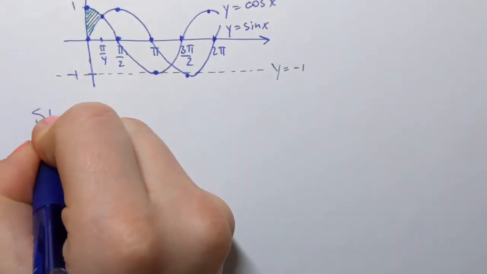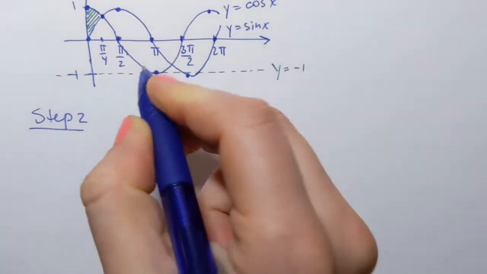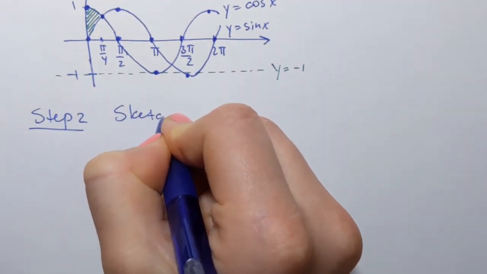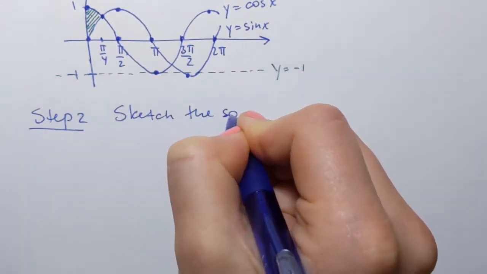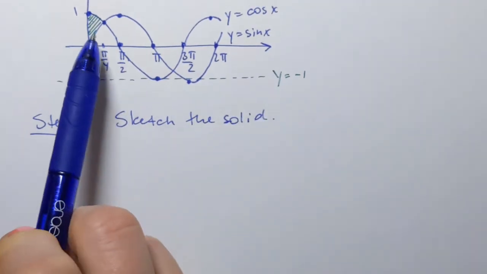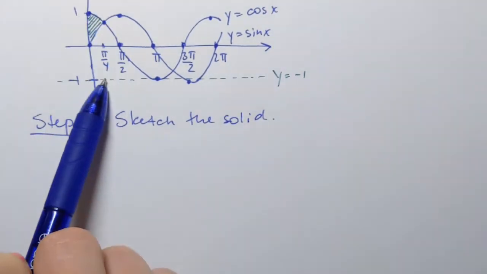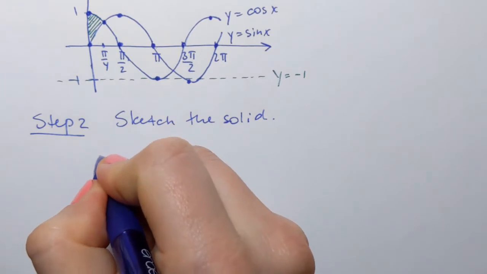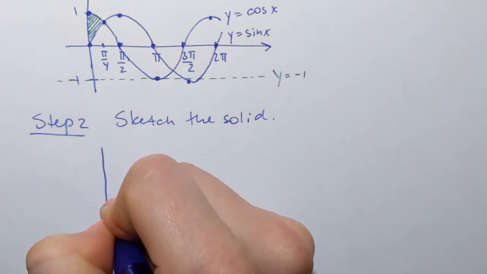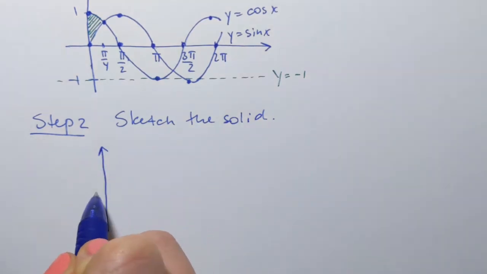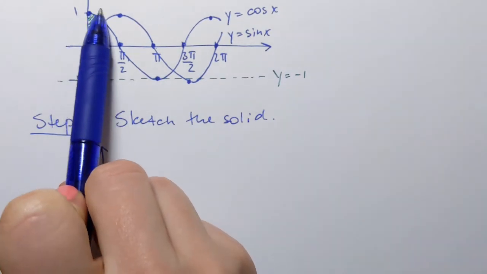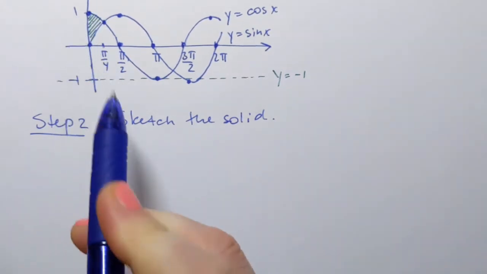Okay, so step 2, sketch the solid. Now, if region is large enough, I can do it right on this graph, but once again, in my case, I will enlarge it. So the only part that I worry about is this one here.